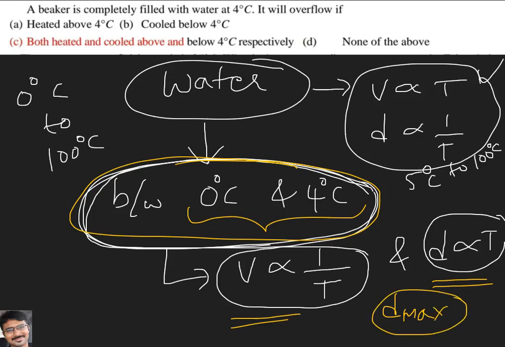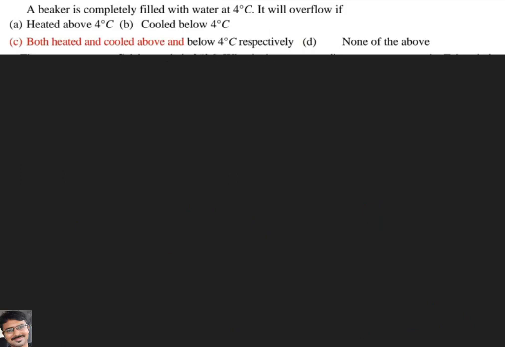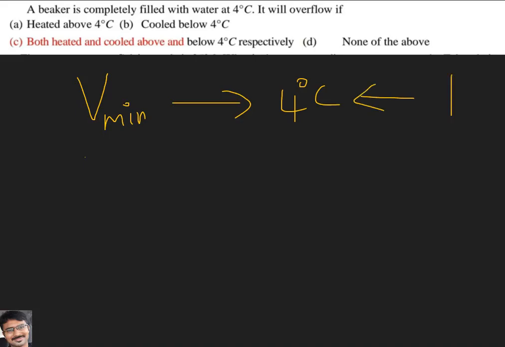Let me take a fresh page and write here: volume is minimum at 4 degrees centigrade, and density is maximum. So for water, the minimum volume is at 4 degrees centigrade and the maximum density is at 4 degrees centigrade. This is the anomalous behavior of water.